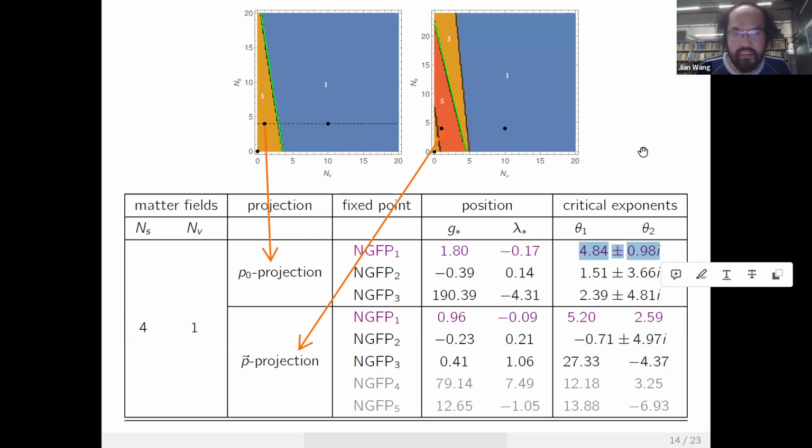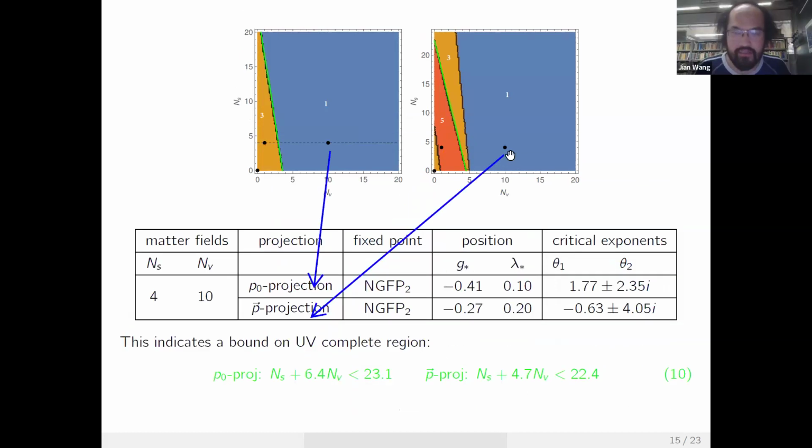Then finally, we'll go to the last point, where we only have one phase point. For this case, we have 10 scalar fields and 10 vector fields. For this case, we see that only the second phase point, which depends on the projection method, survives, while the physical phase point, which is independent of the projection, is not seen in this case.